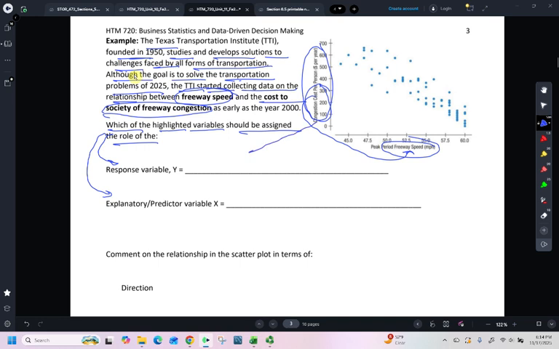So it follows that our response variable, represented as Y, would be congestion cost per person, and that depends on the explanatory or independent or predictor variable, which is the peak period freeway speed.